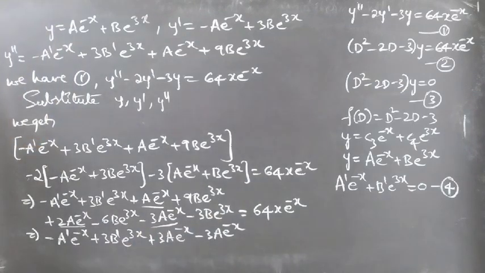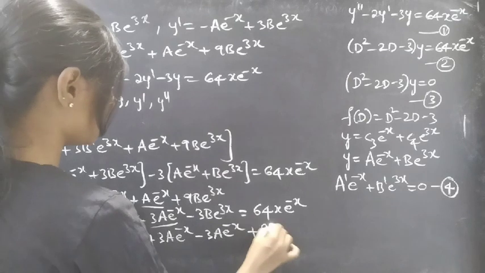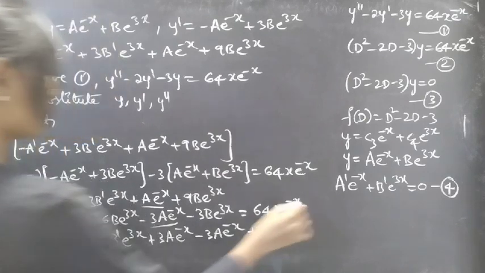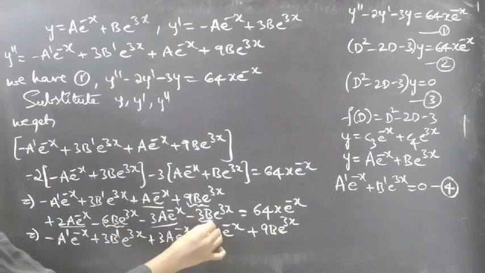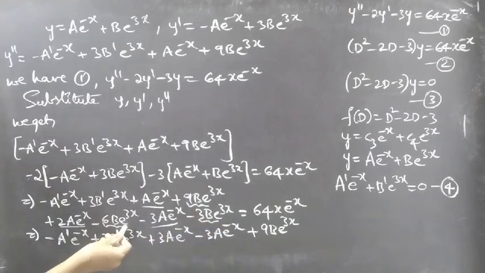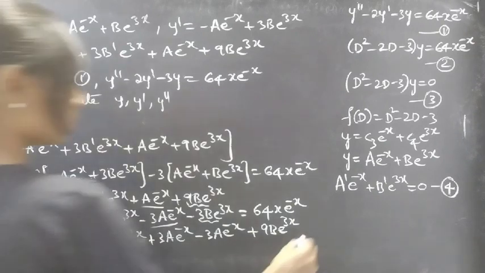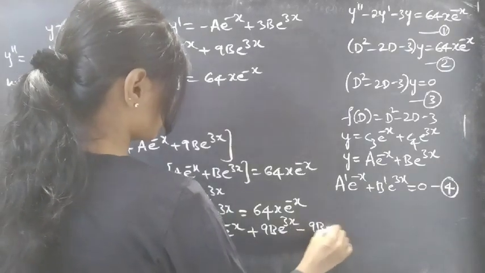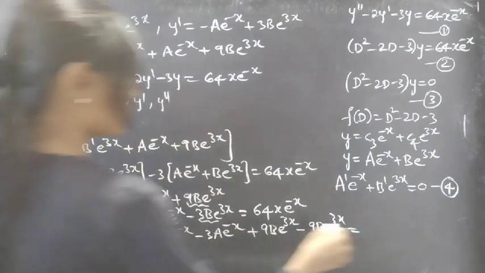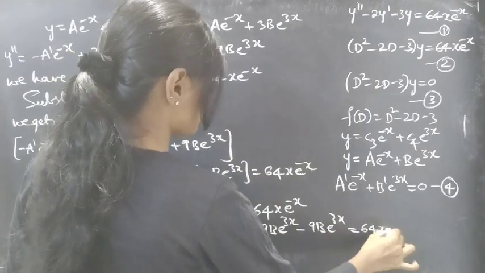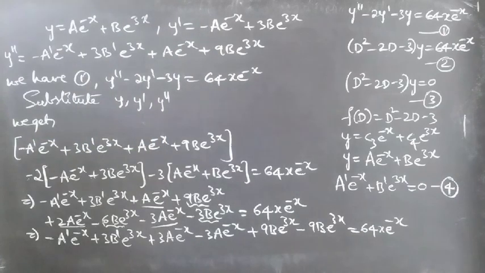Now coming to b e power 3x: plus 9b e power 3x minus 9b e power 3x minus 3b e power 3x gives us minus 9b e power 3x, and the RHS term is 64x e power minus x.